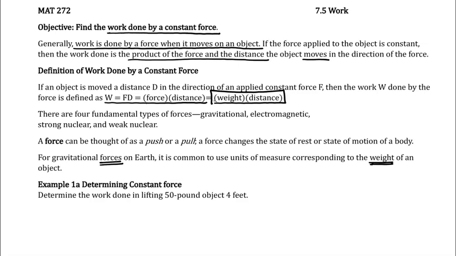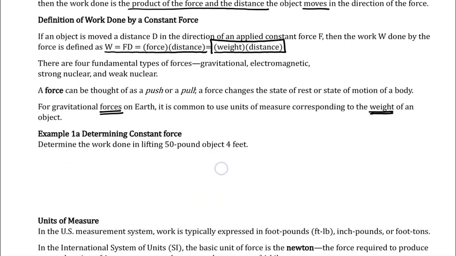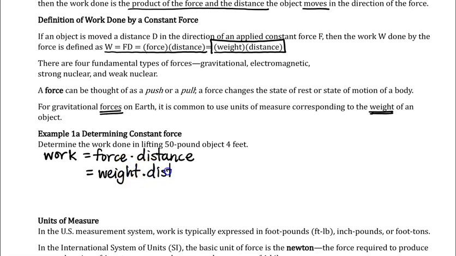For example, in problem 1A, we want to find the work done in lifting a 50-pound object 4 feet. We have the formula that work is equal to force times distance. I'm going to reinterpret that as work is equal to weight times distance.